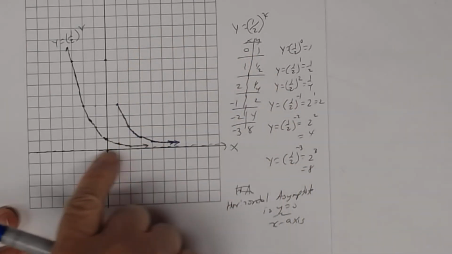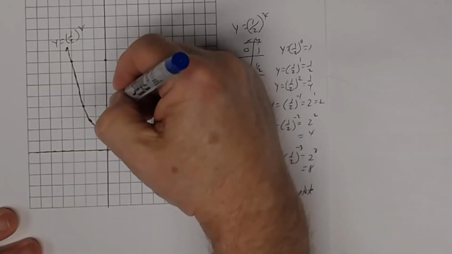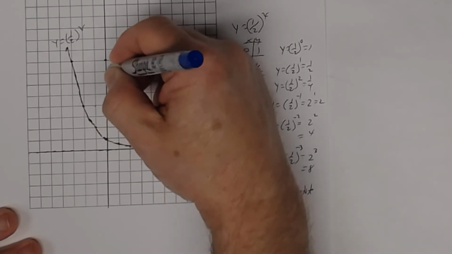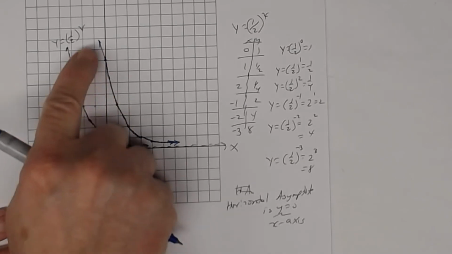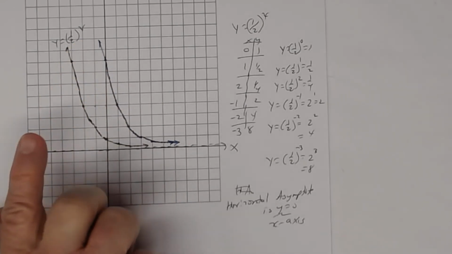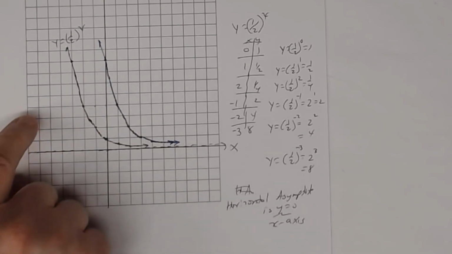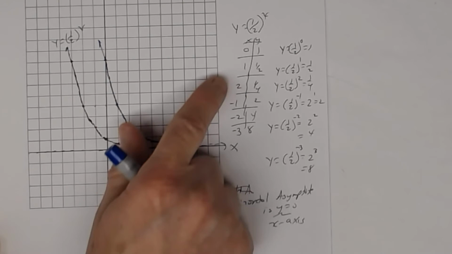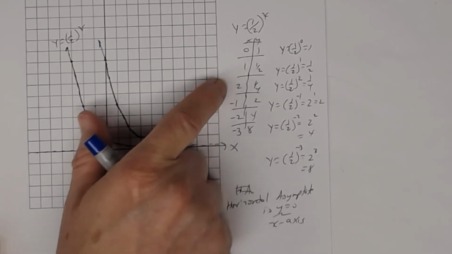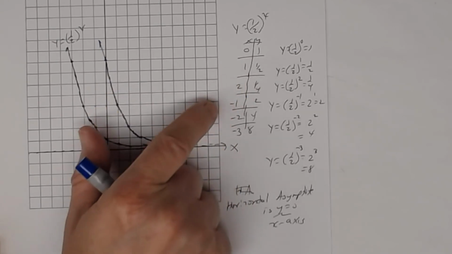As you go to negative infinity, your graph rises rapidly up. But remember, when talking about increasing and decreasing, we always go from left to right. As I go from left to right, my y values are decreasing. You can see it here: 1, 1/2, 1/4.